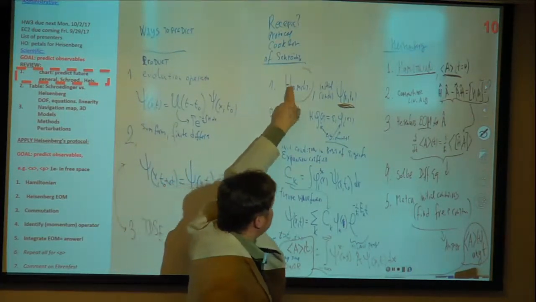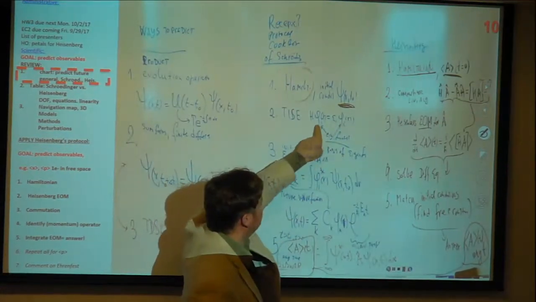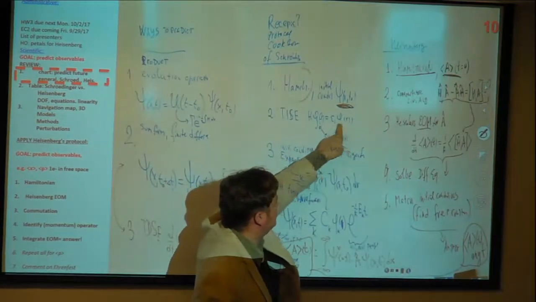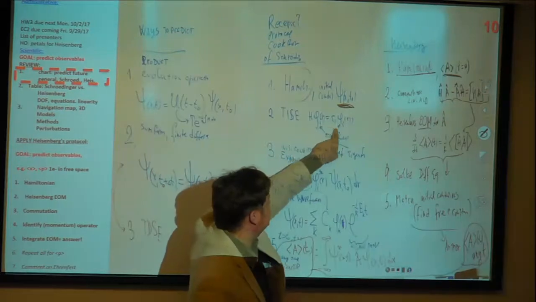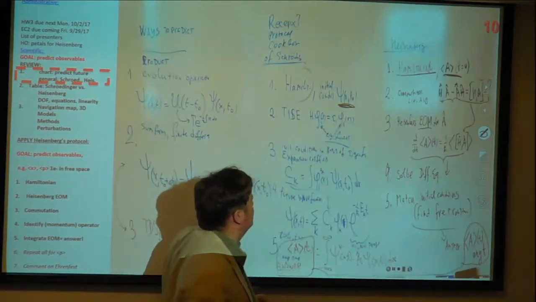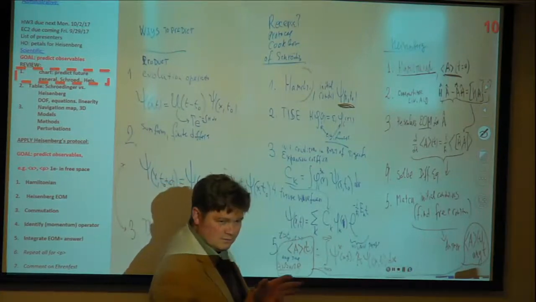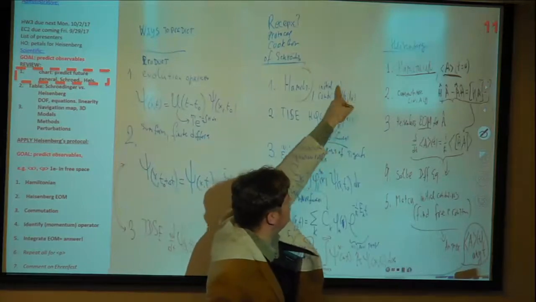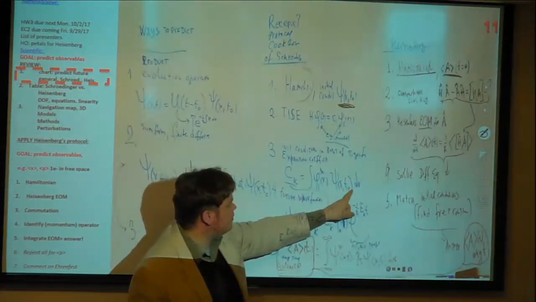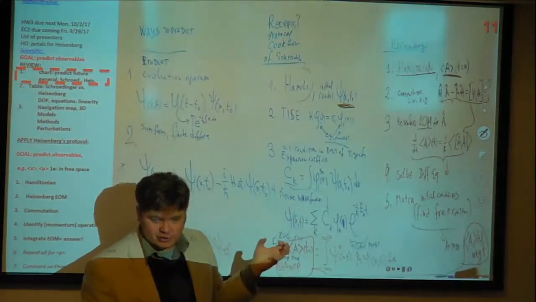So if you have the Hamiltonian and the initial condition, it is sufficient to predict the future. To solve the time-independent equation for eigenstates, eigenenergies and eigenvalues, with a set of these eigenfunctions and eigenvalues, you take your initial condition and expand it in the basis of your eigenfunctions, so you find your expansion coefficients.